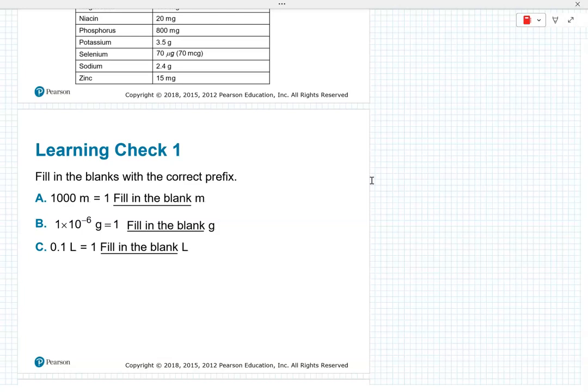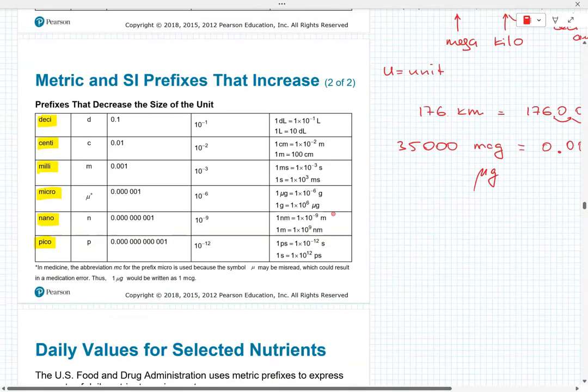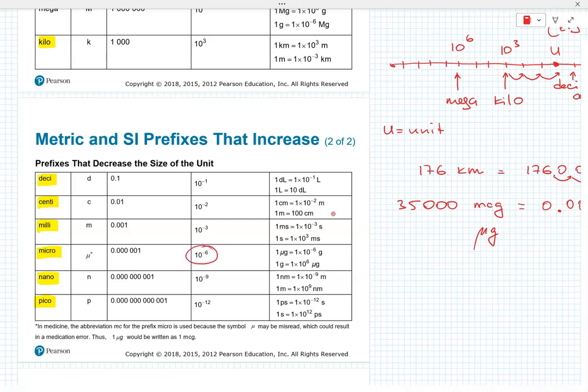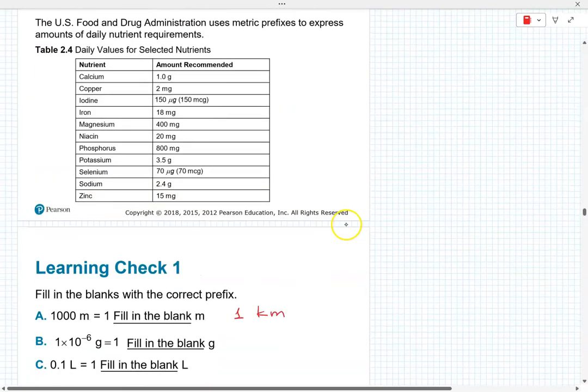Okay, 1,000 meters is 1 kilometer. 1/1,000,000th of a gram. I'm going to roll back to the table, don't worry. 1/1,000,000th is micro, look at this, 10 to the -6, right?